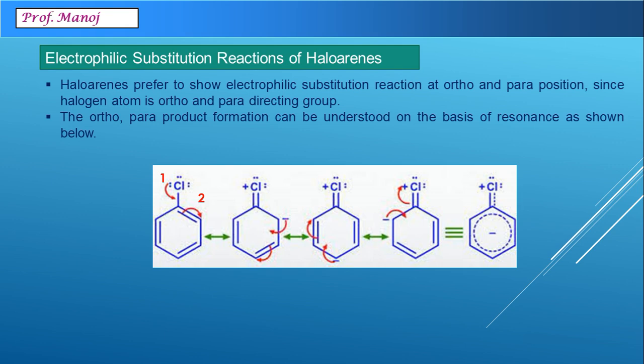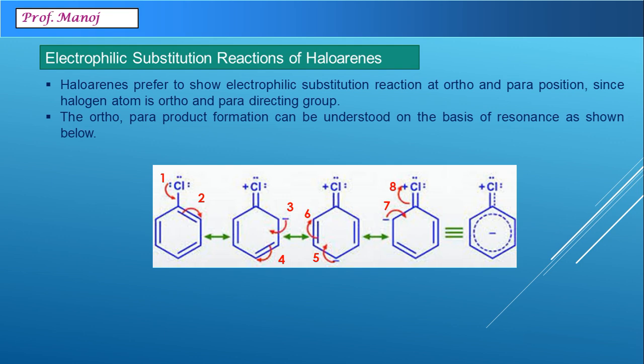The second position carbon acquires a negative charge. Now this negative charge shifts its electron pair to the next carbon. Accordingly, the pi bond now shifts to the position para to chlorine. Once again, the negative charge shifts to the next position and the pi bond shifts to the ortho position. Now this negative charge on ortho returns to its original position and the double bond returns to the chlorine atom.